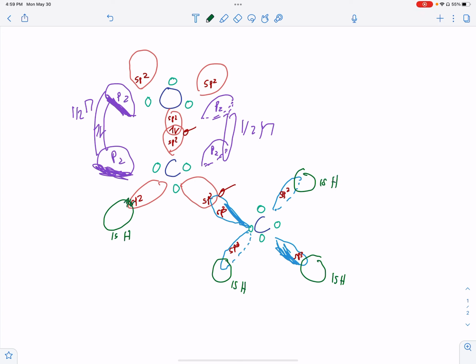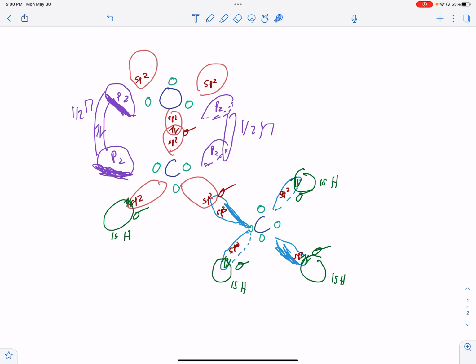Show the sharing of electrons in each of these that are forming the sigma bond. It's kind of hard to see those electrons, but they are there. Sorry about that. And we have just completed this hybrid orbital diagram.